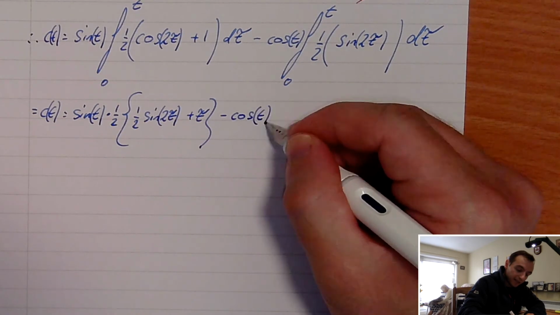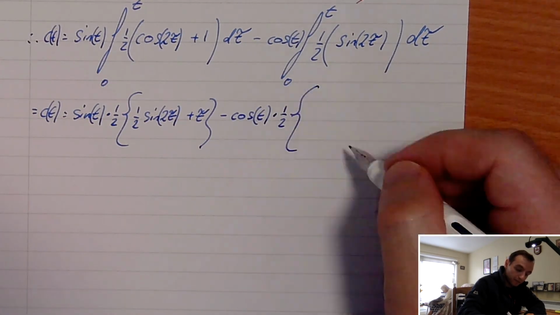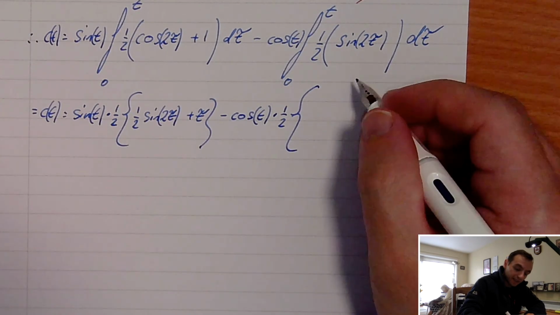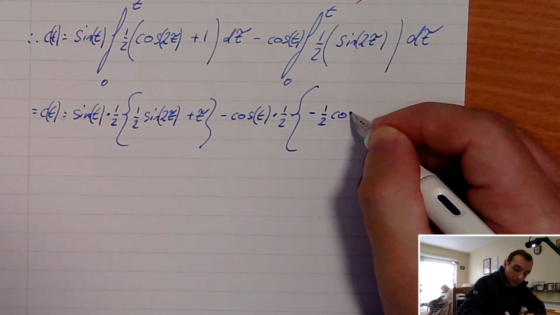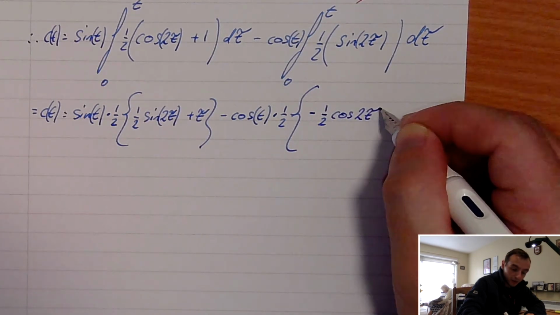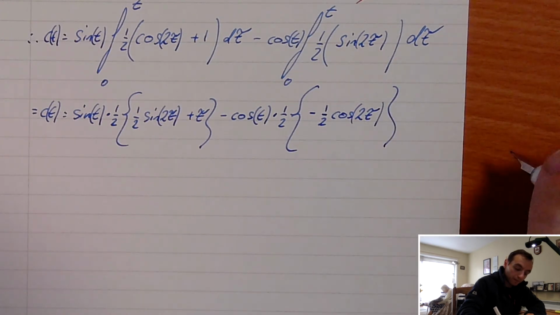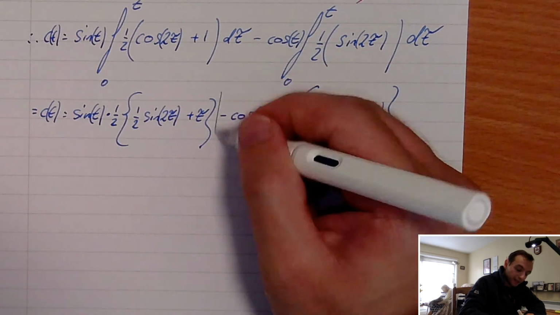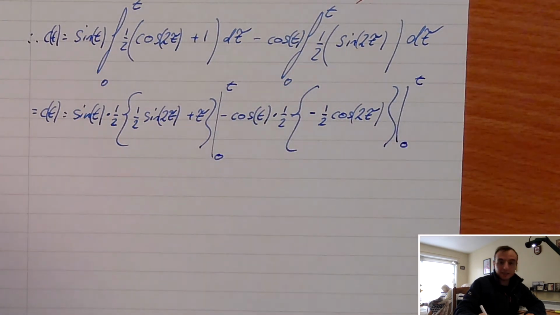And then we have cosine t dot a half, integrating sine 2 tau, so that's going to be minus a half cosine 2 tau, and that's going to be evaluated between t and 0, and here this is going to be evaluated from t and 0 again.